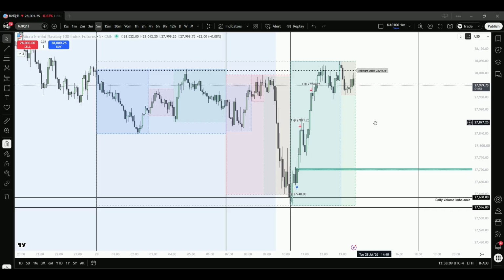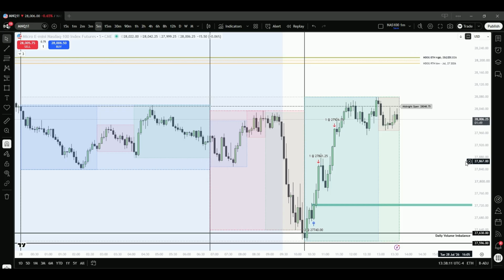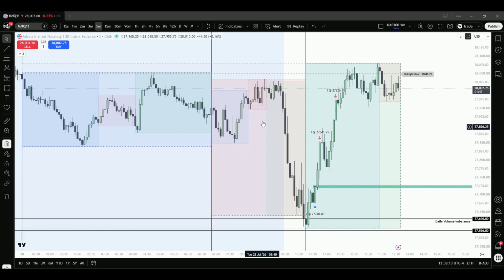What's fascinating to see, if you focus your attention, is that usually the biggest move will happen during the daily manipulation and the daily distribution phases. These two will give you the largest moves by far.